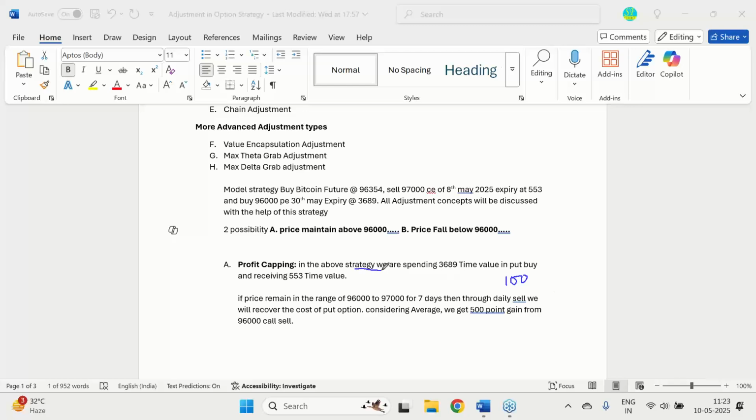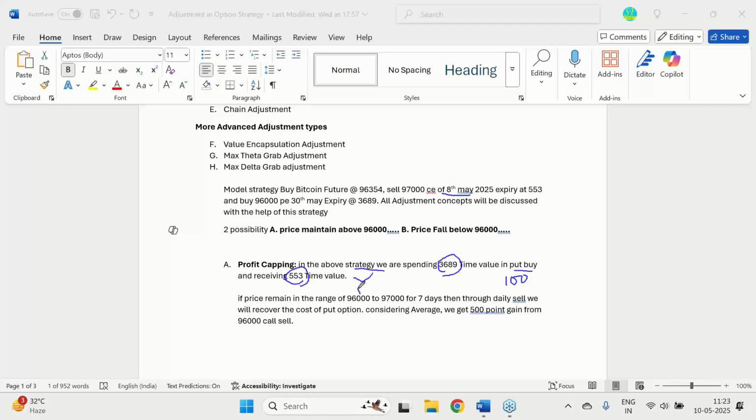In the above strategy, we are spending 3,689 time value in the put option buy and receiving 553 time value initially by selling the call option.